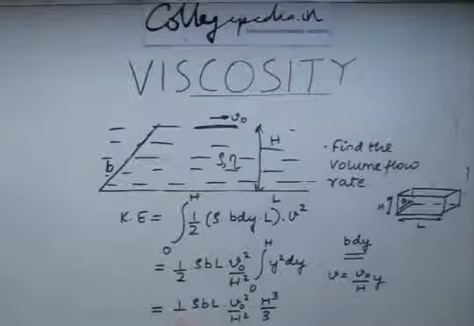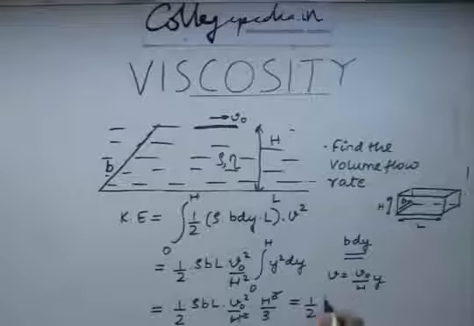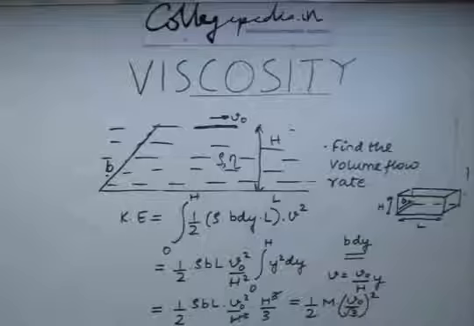Again we see that if we take this h here, we have the entire volume, so we have the entire mass. We have half into entire mass into v naught by root 3 square. This again becomes the root mean square velocity. So this is the kinetic energy associated with this kind of flow.